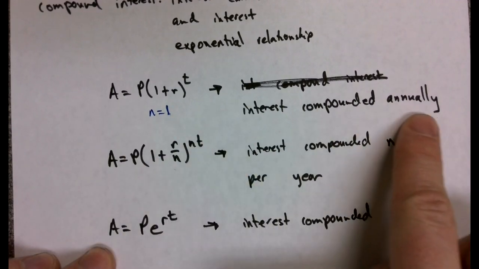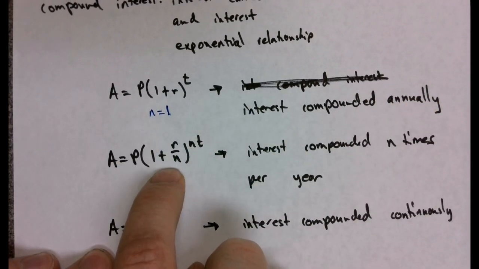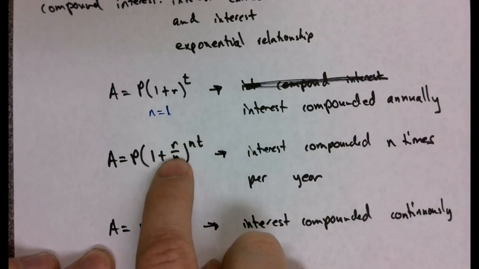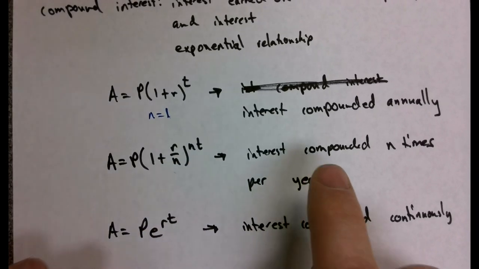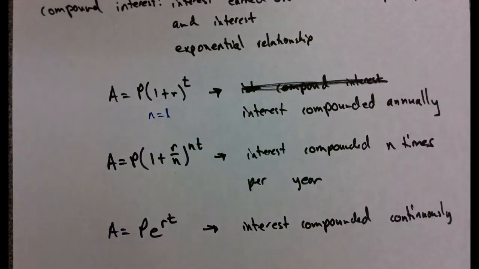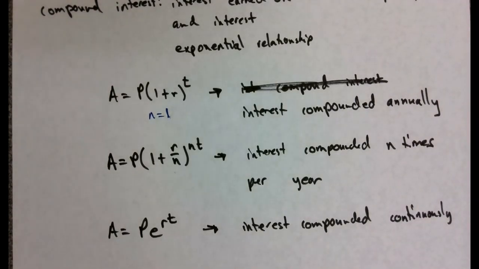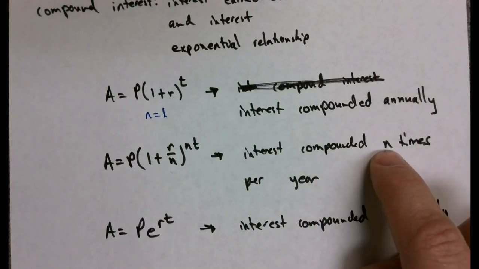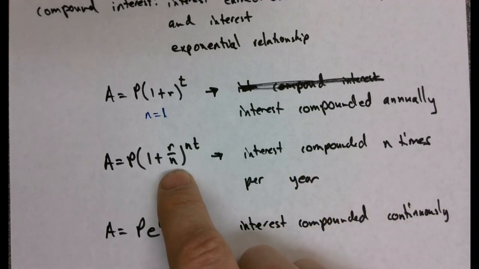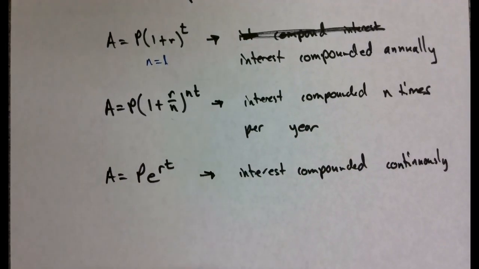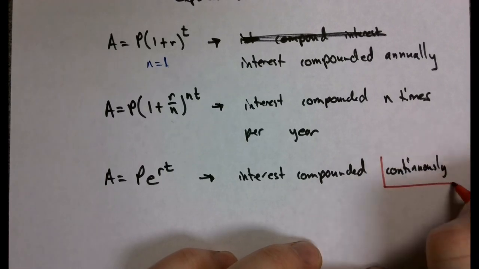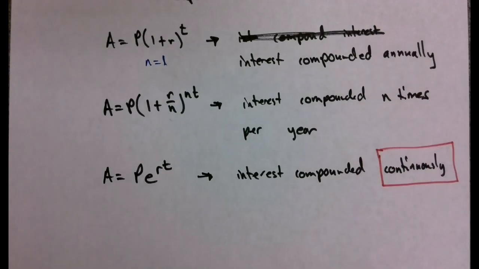So I would say just ignore this one entirely and always use this one, and note that annually means n equals 1. And then if it says compounded quarterly or monthly or hourly or secondly or any of those different options, compounded a certain amount of times per year, you're going to use this one. And finally, if it says compounded continuously, you're going to look at that one.